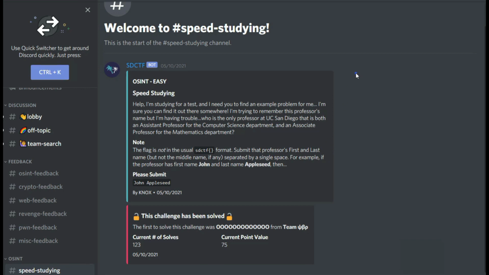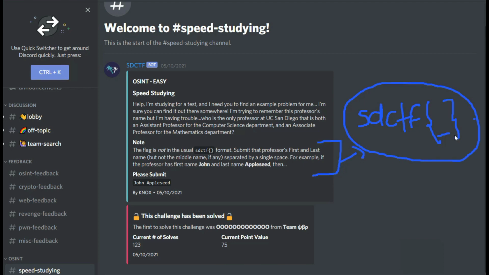Okay, so this is saying that the flag is actually not in the usual form. Usually if you play CTFs, the flags are in this form: SDCTF, and then two curly brackets, and then the code or whichever thing inside it.